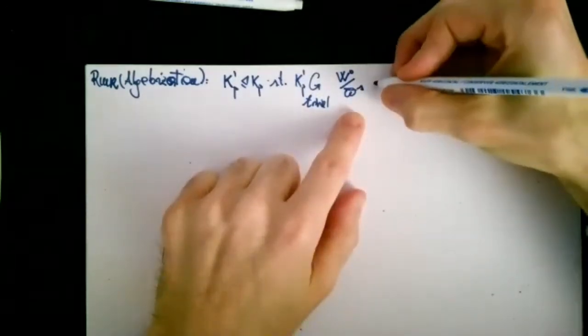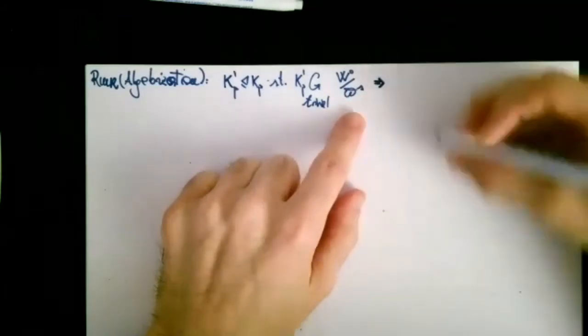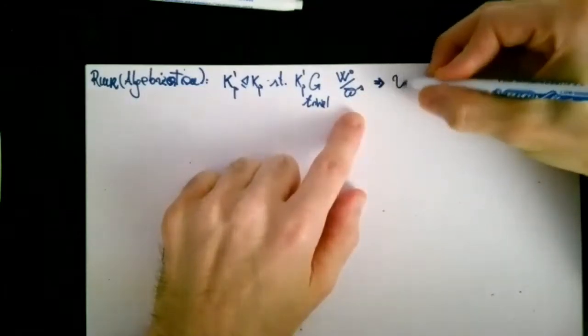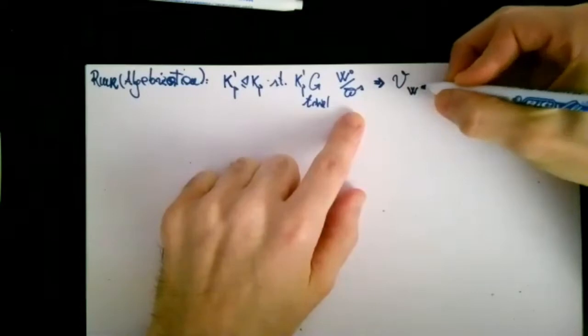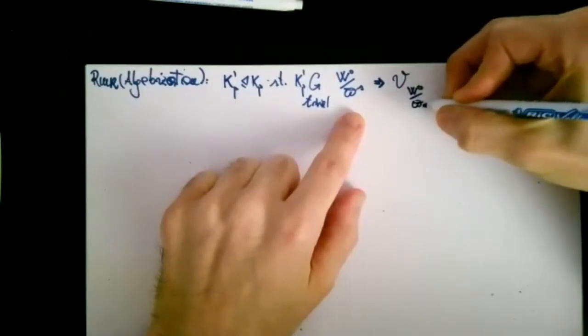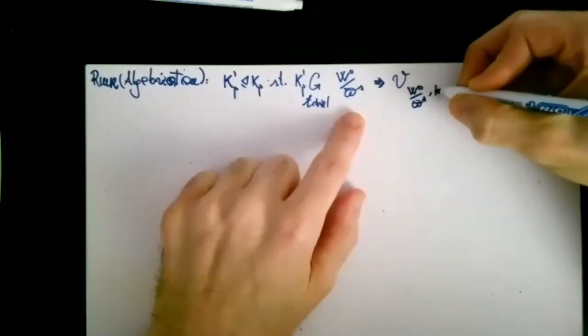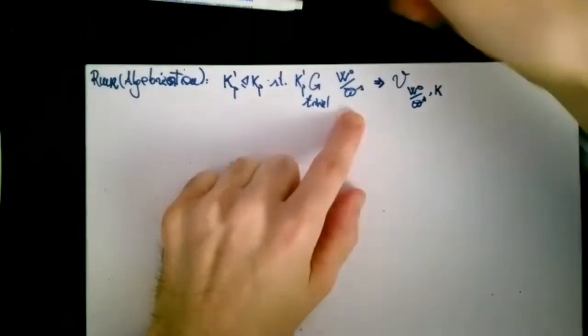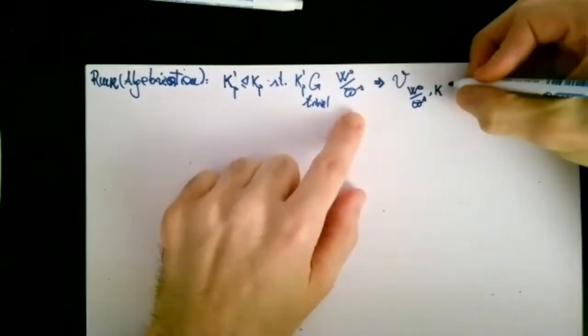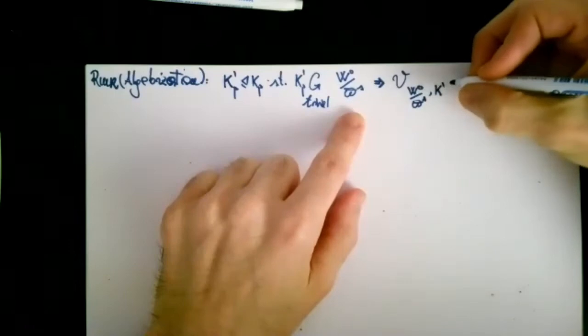Then we see that W naught omega S is defined over this K prime.